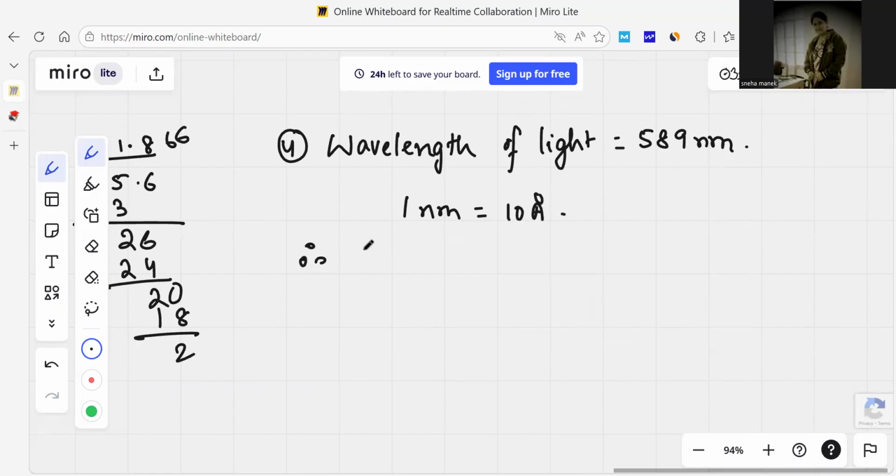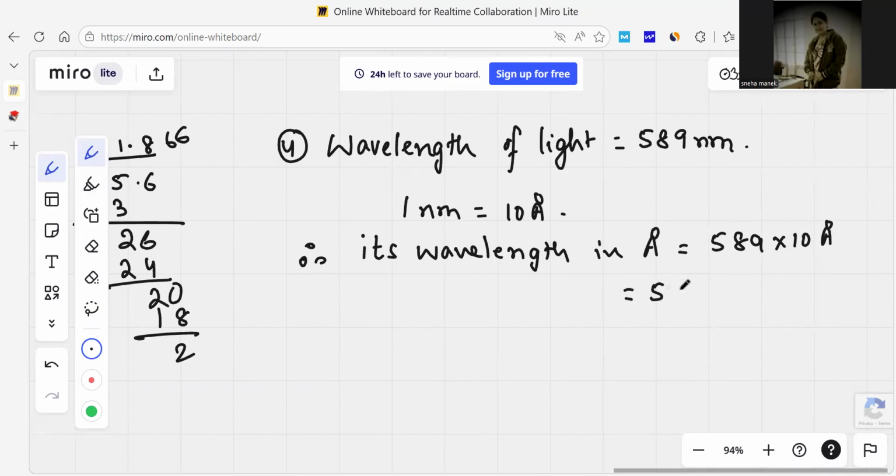Therefore, its wavelength in angstrom, we can directly write 589 into 10 angstrom. So we get it as 5890 angstrom, right? Let's move on to the next one.